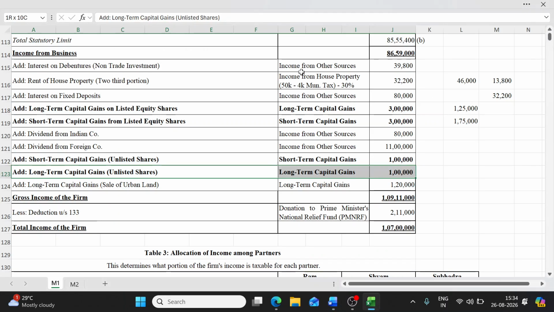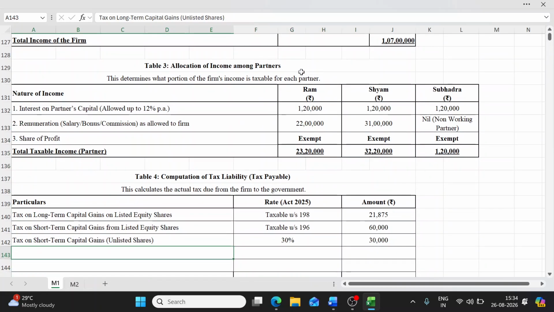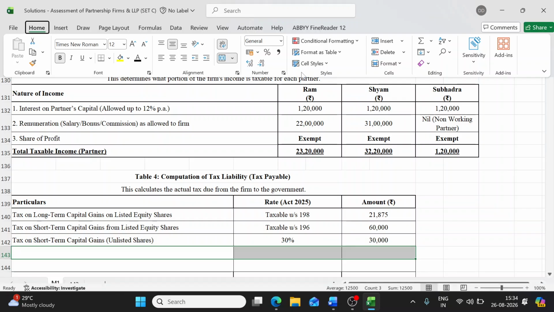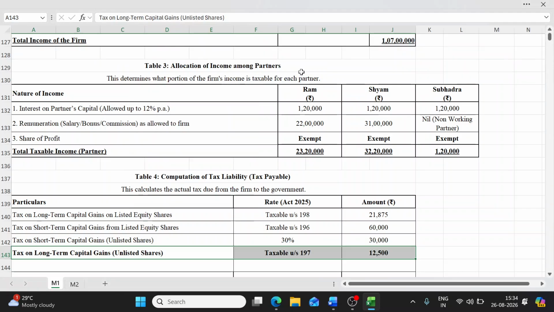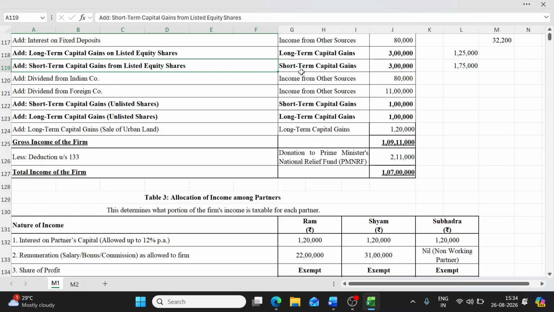Now what is the total income? Total income is 1 lakh. So on 1 lakh, 12.5 percentage. So long term capital gain unlisted share, 12,500 will be the answer. Yes, 12,500. Now, are there any other income? Yes, there is one more income, that is long-term capital gain on sale of urban land.